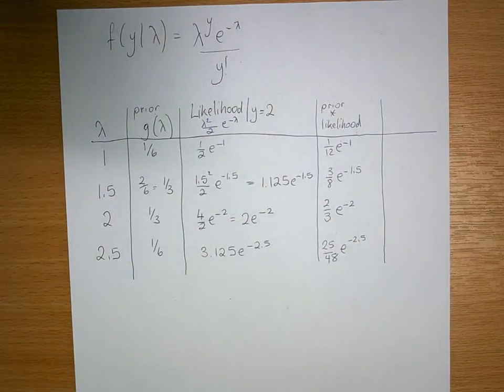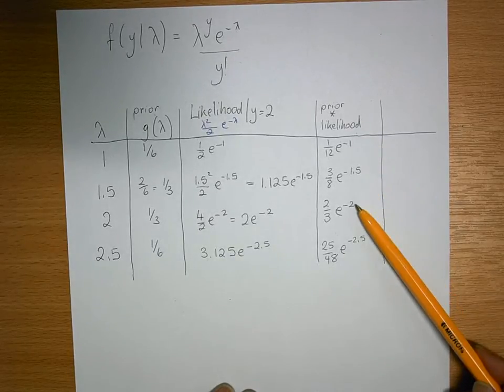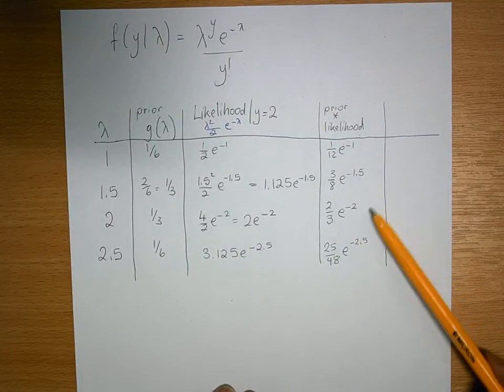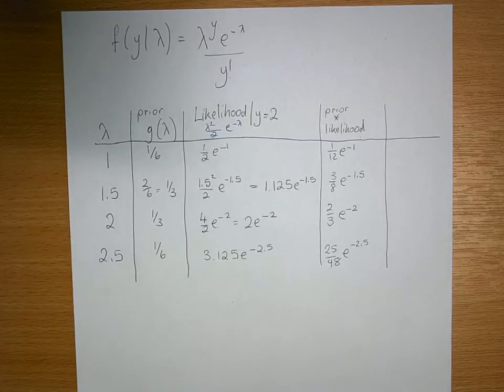Now what do we do? Yeah, so to calculate the posterior, these are the general weights, but is this a probability density or probability distribution? Why isn't it? What do they not do at the moment?